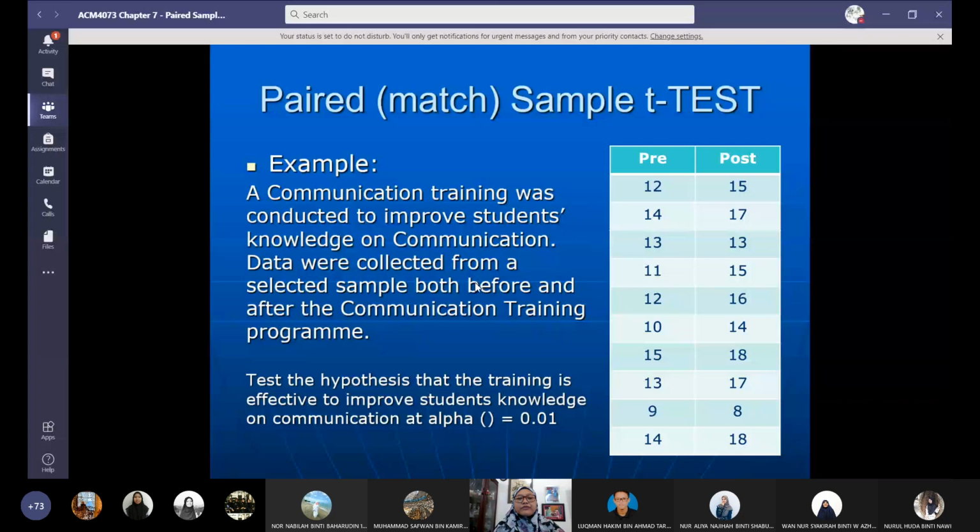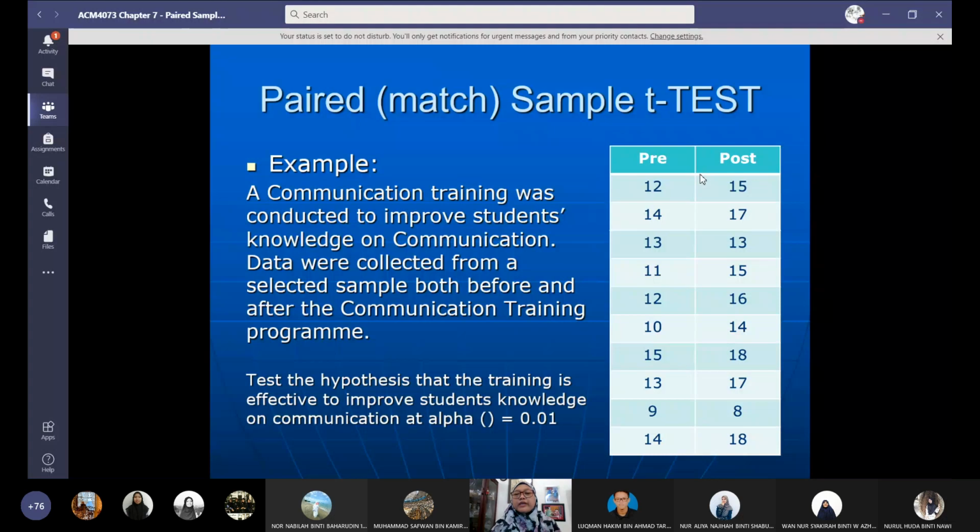Data were collected from a selected sample both before and after the communication training program. So this is the score before the training, and this is the score after the training was conducted. Test the hypothesis that the training is effective to improve students' knowledge on communication.